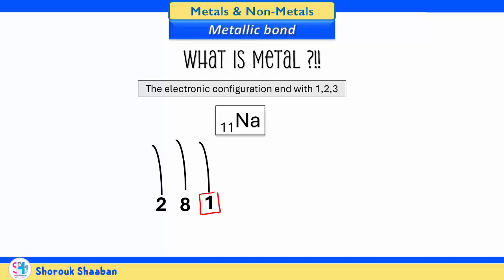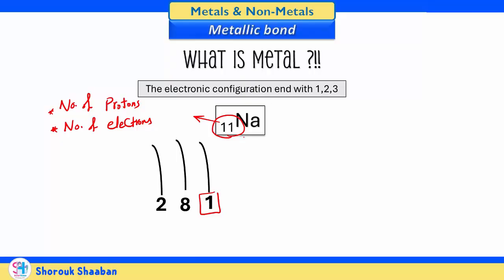Let me ask you a question if you remember. This number, show me the number of what? I know it's the atomic number, but this atomic number is the number of what? Yes, it is the number of protons, which at the same time is also the number of electrons. Because if you remember, the number of protons equals the number of electrons for the atom.